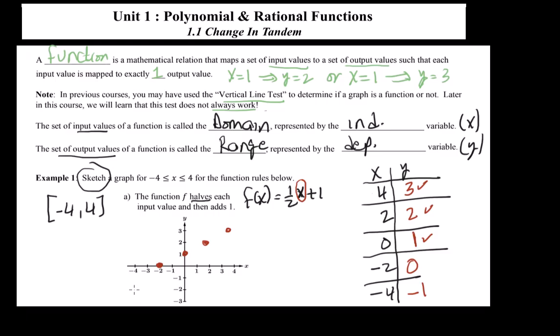And -4 goes to -1. Then it says sketch the graph, so we just connect the dots. Even though my line is not straight, it's a straight line. Do not go beyond 4 and -4, because that's where the graph stops. If you are not given a conditional interval, then we can extend the line all the way to positive infinity and negative infinity.